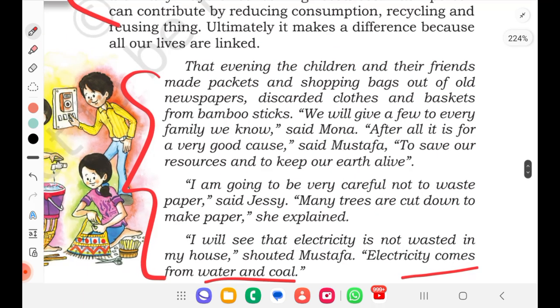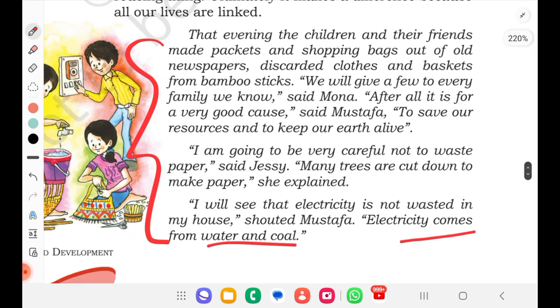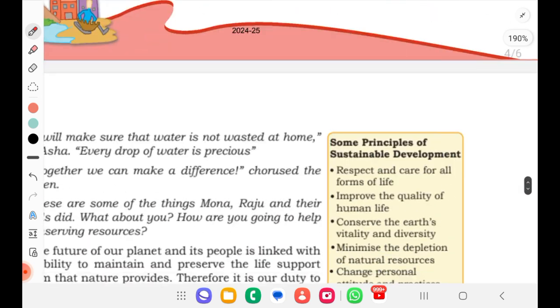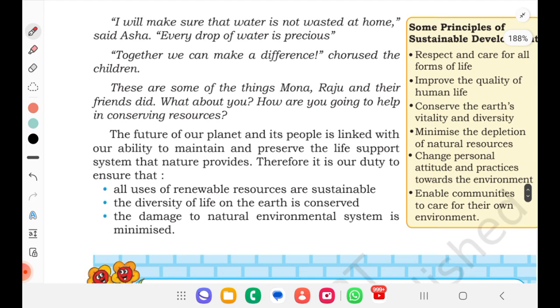So now they decided they'll also use the waste material and make something useful. After all, it is all renewable. I mean, it's important to use carefully. They also understood that electricity comes from water and coal, and they have to use less whenever needed. They should not waste. That's the children's conclusion.